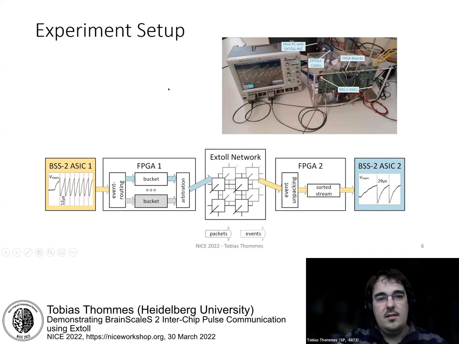Then we have a first experiment set up here in the lab, which connects one source chip to one target chip. Therefore we have only one source, and we don't need the merging yet.